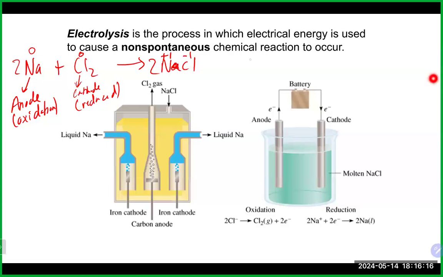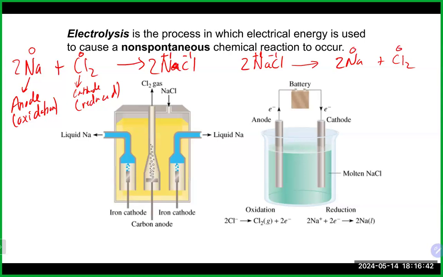And if we're doing the electrolysis of it, we're actually going to be starting with the sodium chloride. And we're going to break it back apart into its elements, sodium and chlorine here. And when we're going in this direction, which is what's happening with electrolysis, we are starting with sodium at +1, chloride at -1, and then 0 and 0.